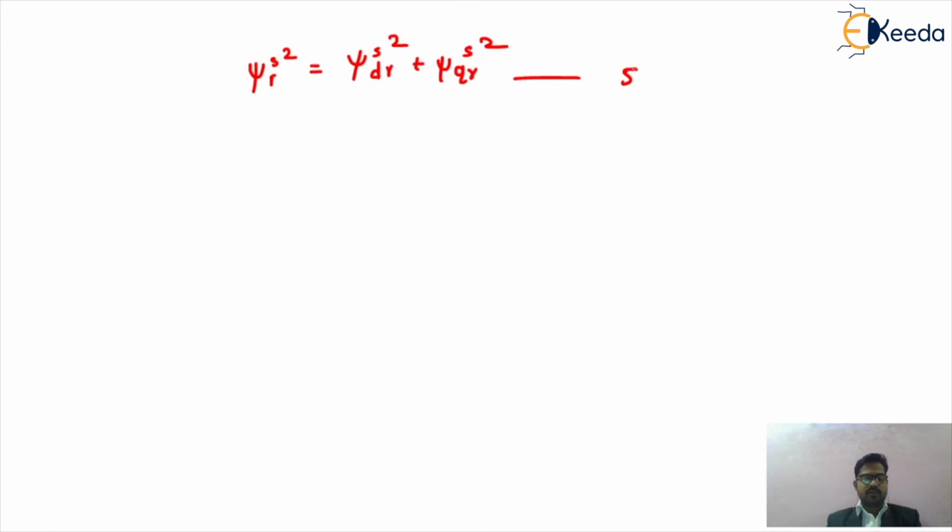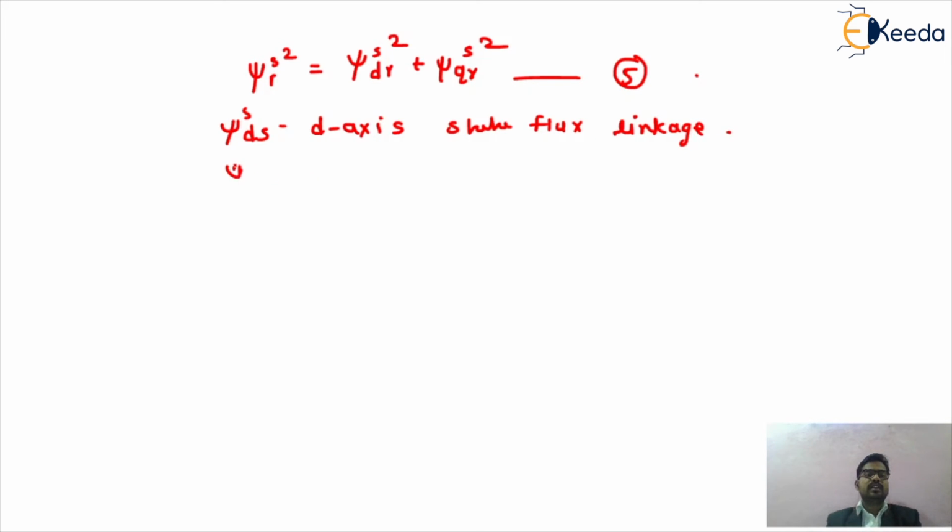So this will be equation number 5, where psi ds is the d-axis stator flux linkage, and psi dr is the d-axis rotor flux linkage.